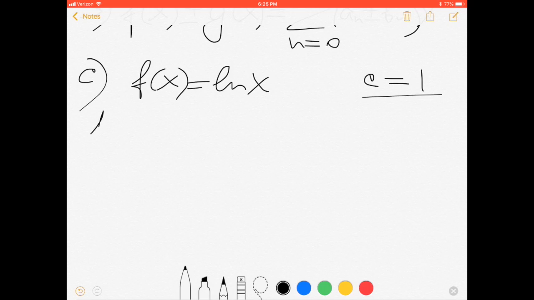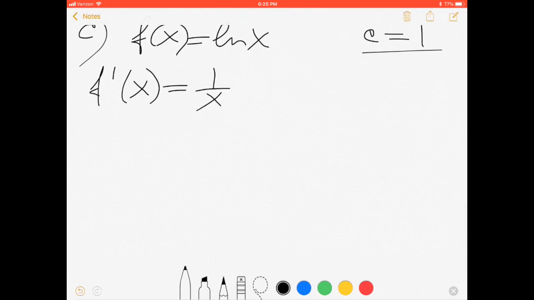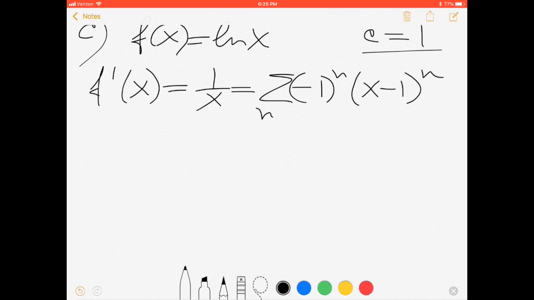We remember the derivative of our function f(x) is 1 over x. And we have, I think in example B, the series for 1 over x with center 1, which is the sum of negative 1 to the power n times x minus 1 to the power n, from 0 to infinity.